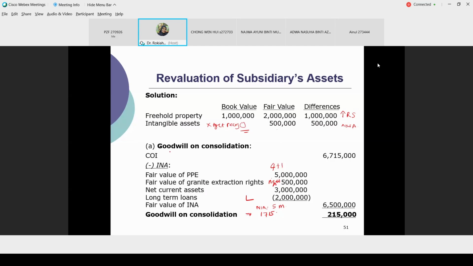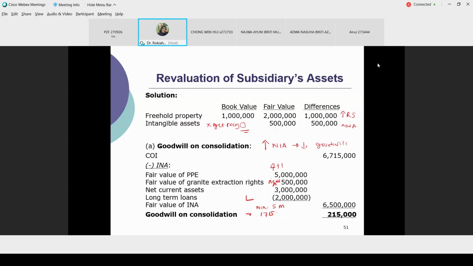So based on this, you can say that when there is an increase in net identifiable assets, it is going to reduce the amount of goodwill. So recalculating, the goodwill here will be 215.